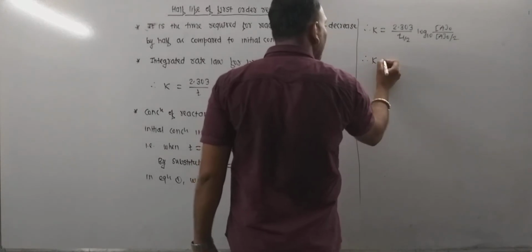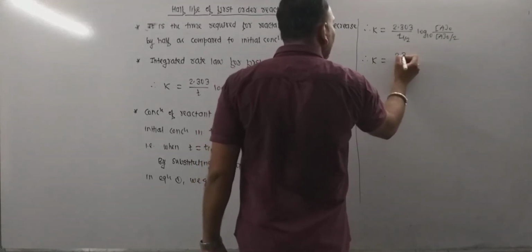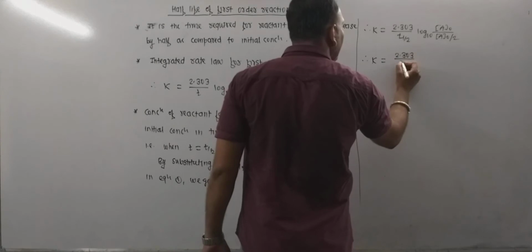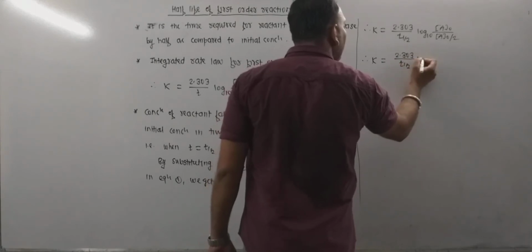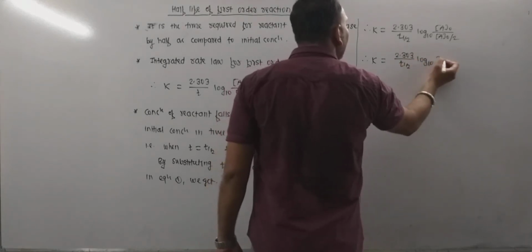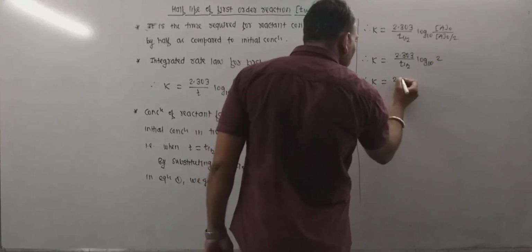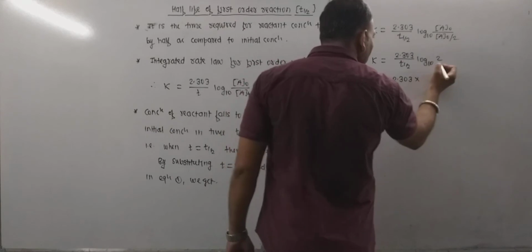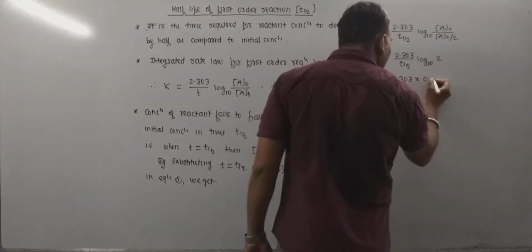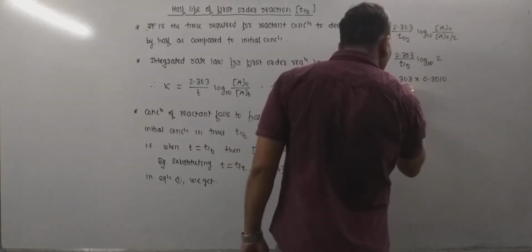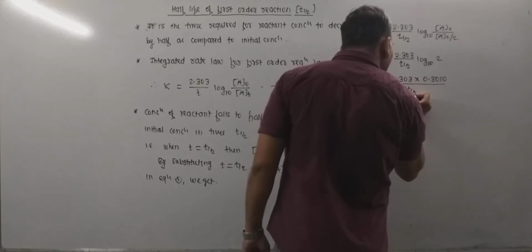Further this can be given as K is equal to 2.303 by t half log base 10 of 2. Further, K is equal to 2.303 and the value of log 2 is 0.3010 upon t half.